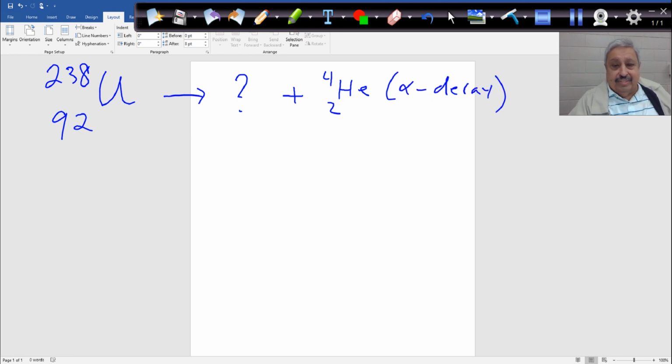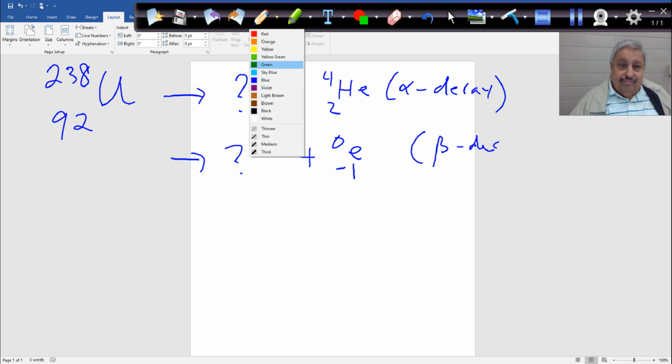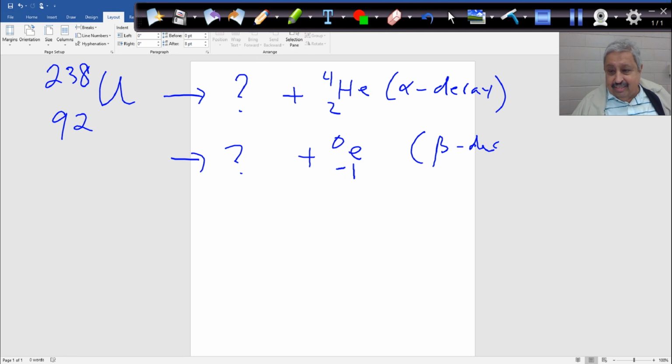We have to know what the element is. Next, we have beta decay, 0 and minus 1. This is beta decay. And we have to find what new element is produced.